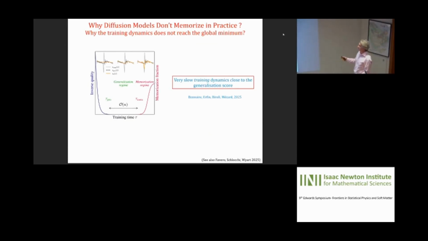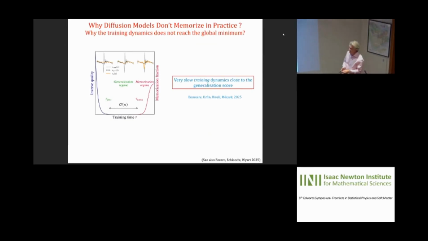I think this is a very interesting topic, and there are several possible answers. It's an active topic of research, and I will just tell you what our answer is, because it's related to a nice problem in out of equilibrium physics. What we find, first from numerical experiments and then with a simple model, is that it's related to the training dynamics.